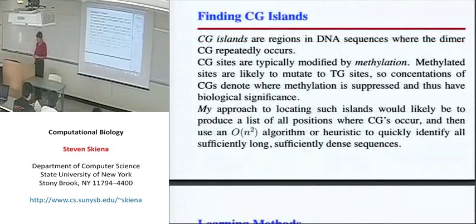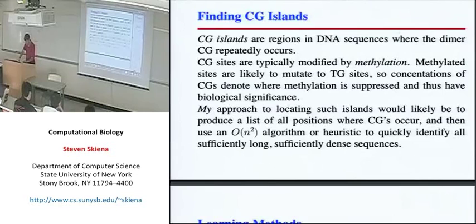So to do this, I'd like to talk about an example. From now on, I'm going to start on the idea of using hidden Markov models for things like gene prediction. What do I mean by things like gene prediction? Your basic problem with gene prediction is I give you a sequence, and I ask you gene or no gene.